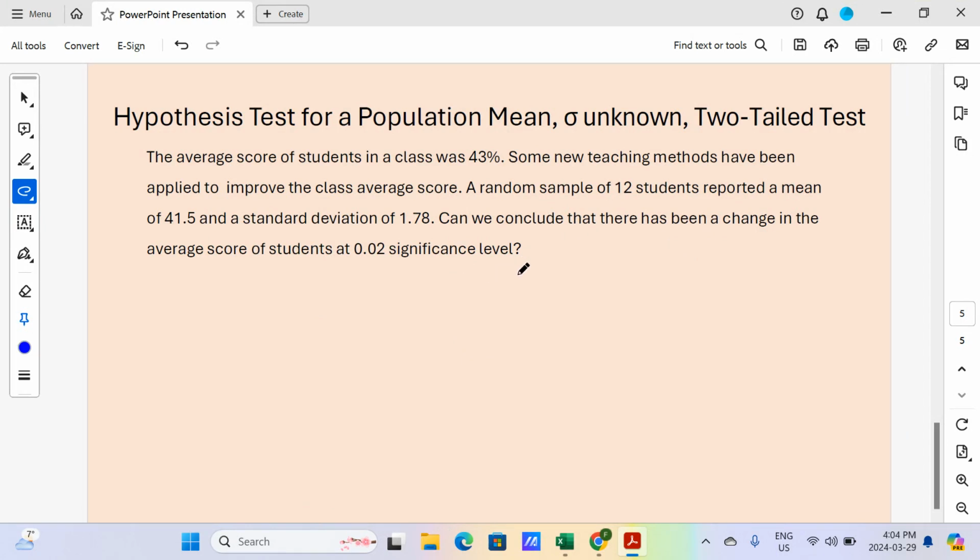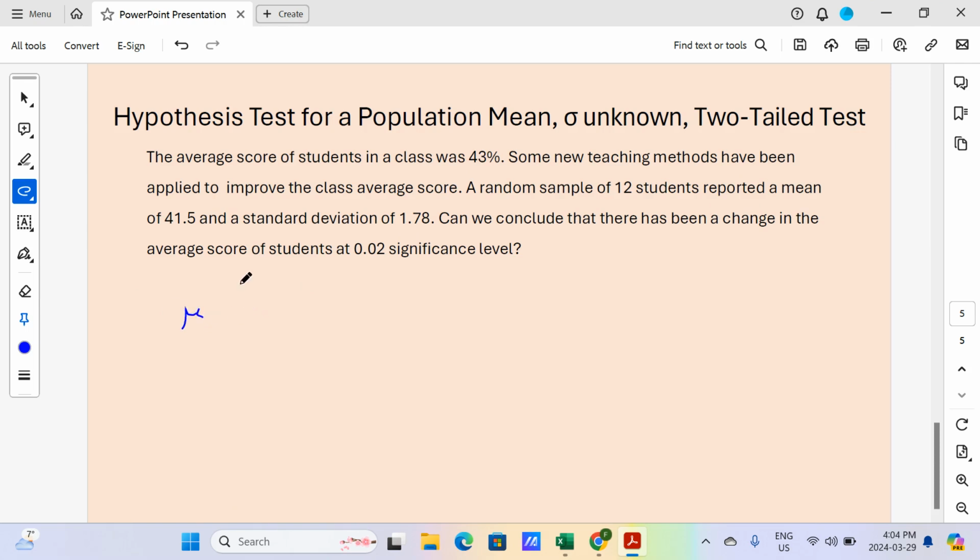Look, your question doesn't say if there is a reduction or increase. The question just says if there has been a change. So if there is a change in the average score of students, it means the average score is not equal to 43 anymore.